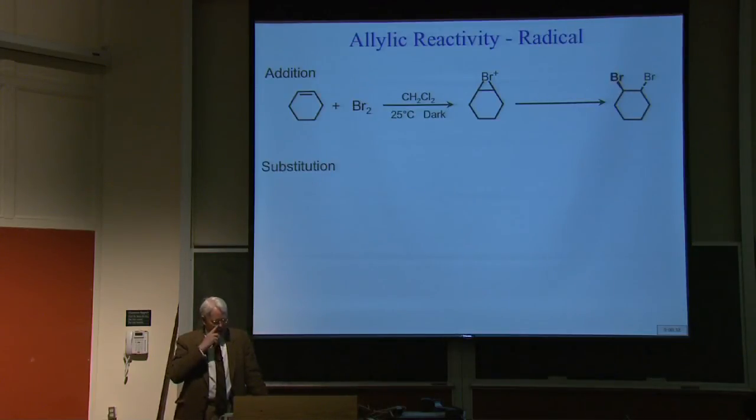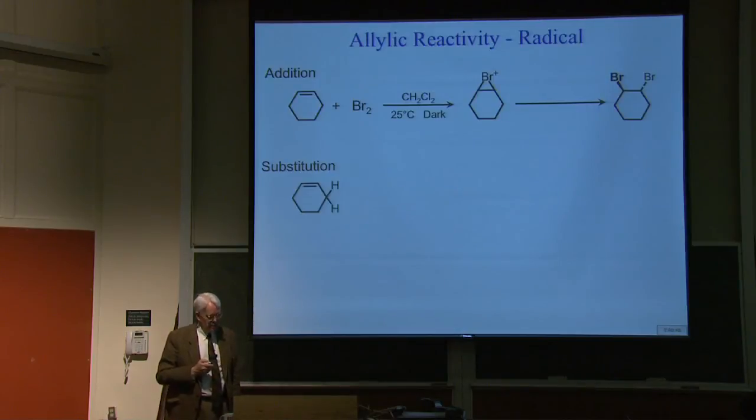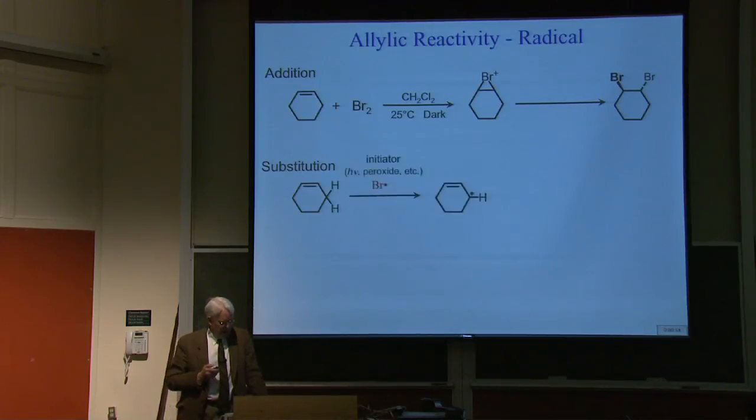Okay, now suppose you want to do substitution. That's what Ziegler did, right? He didn't add bromine to the double bond. He replaced an allylic hydrogen with bromine. So those substitutions are typically free radical substitutions. You could have this same compound, but I show the hydrogens, because if you have ways to get a free radical, like a bromine atom, it can pull off a hydrogen, and you get HBr.